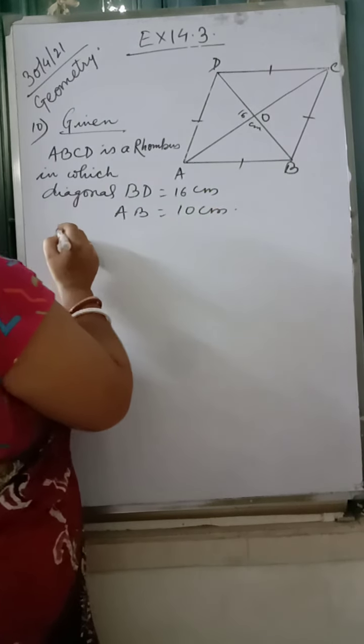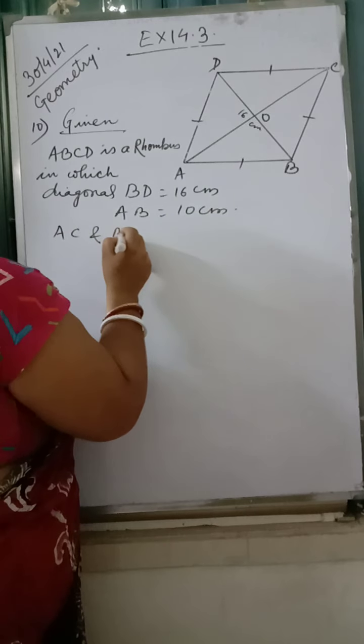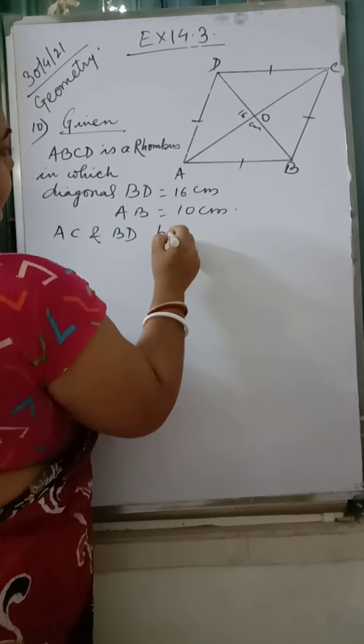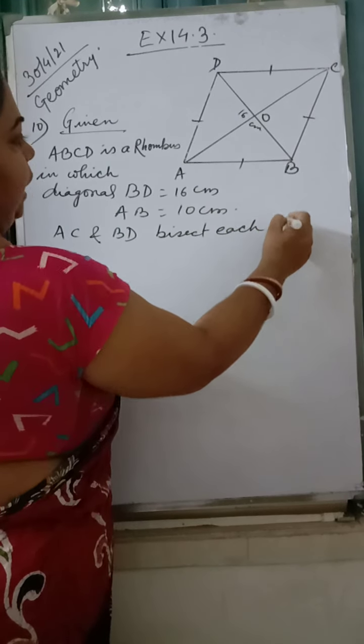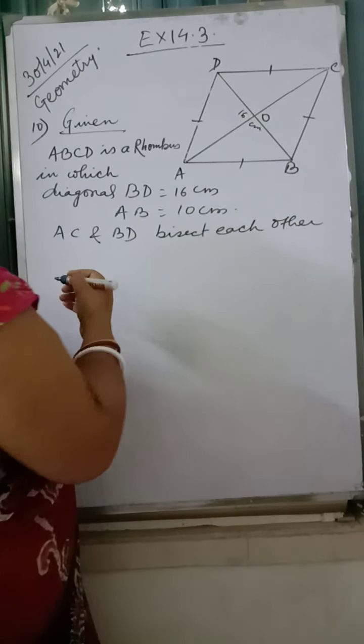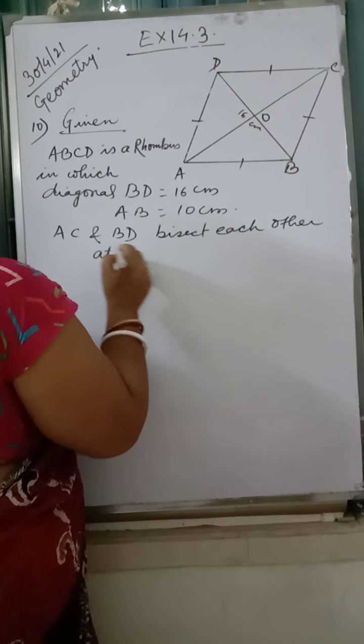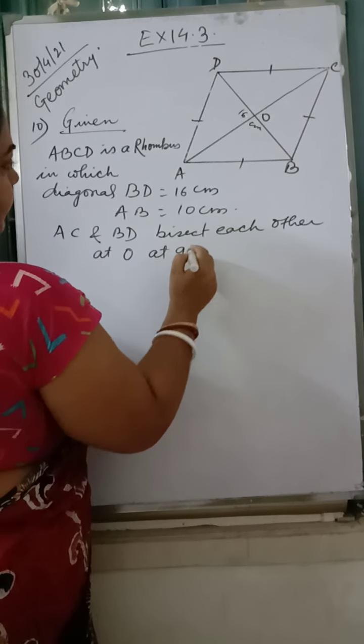AC and BD bisect each other. They have given intersect, but we know in a rhombus this is bisection, at O at 90 degree.